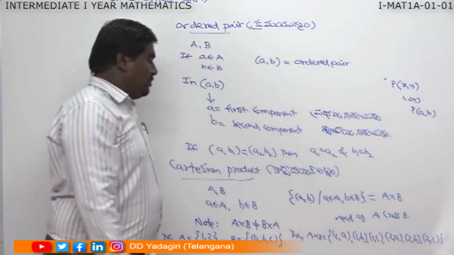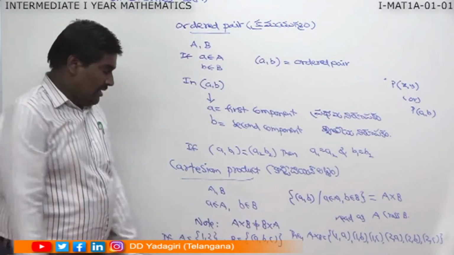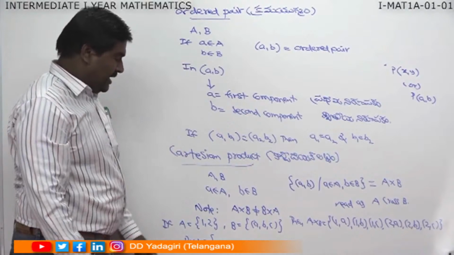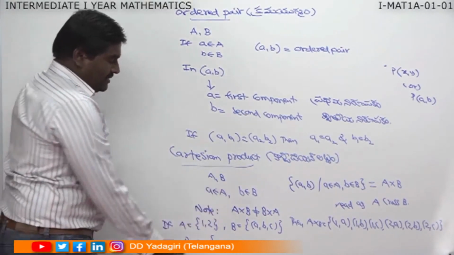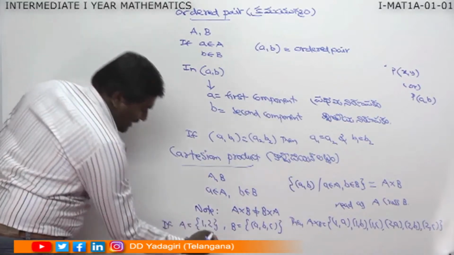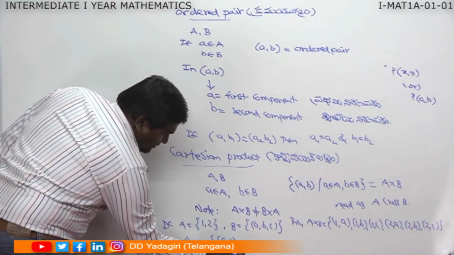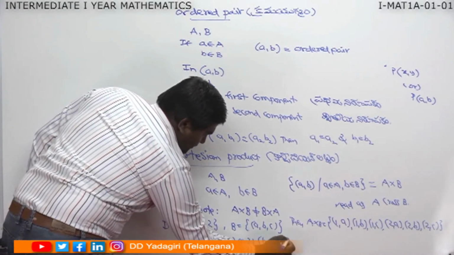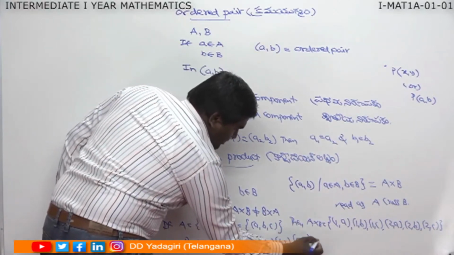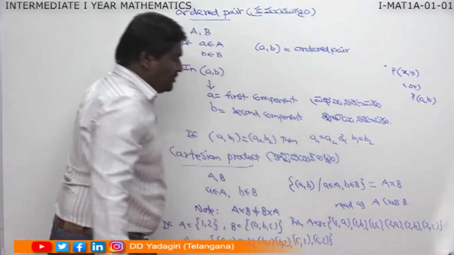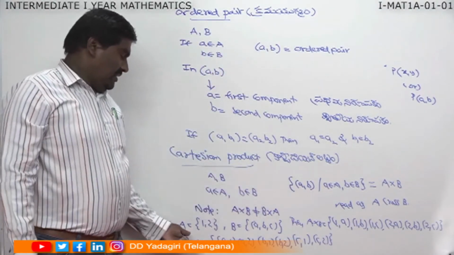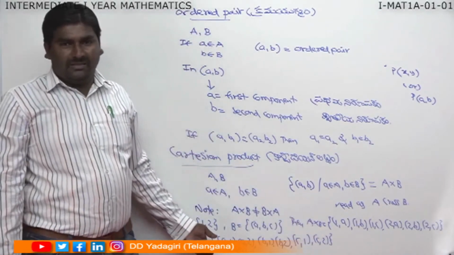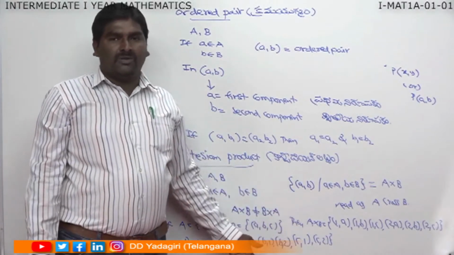It is the Cartesian product of the sets A and B. Similarly, B cross A is the set containing the ordered pairs (a, 1), (a, 2), (b, 1), (b, 2), (c, 1), (c, 2). We have to observe that clearly A cross B is not equal to B cross A. The number of elements in A cross B and B cross A are the same, but A cross B is not equal to B cross A.